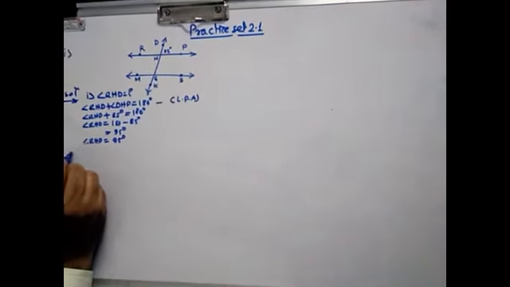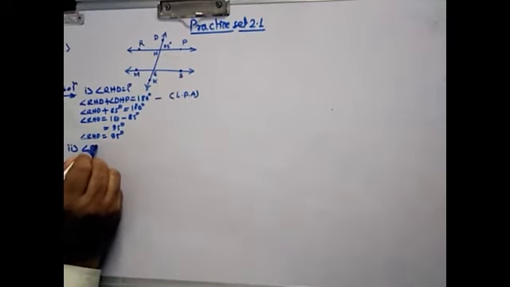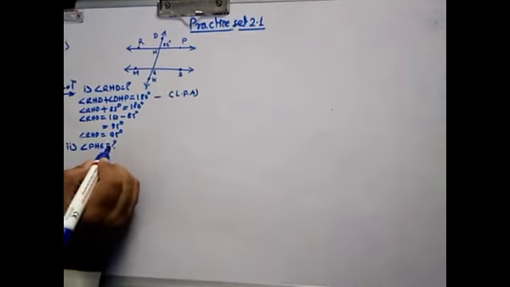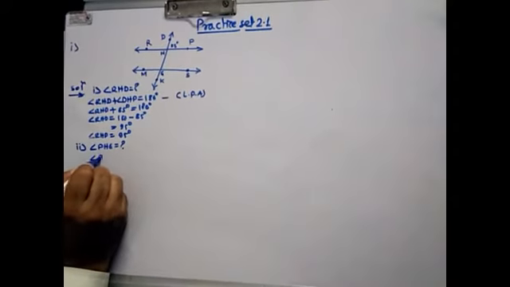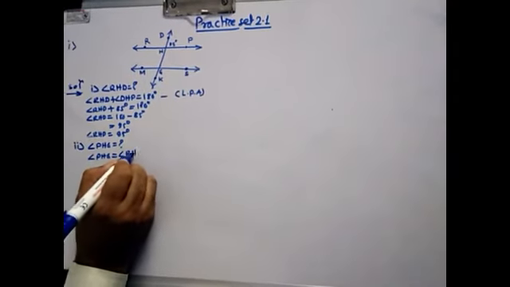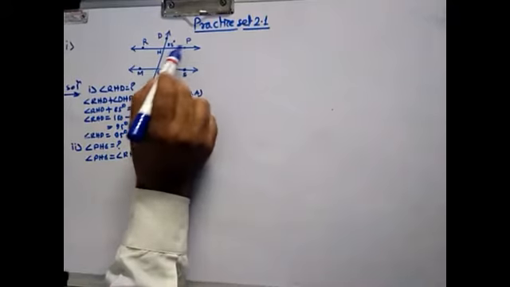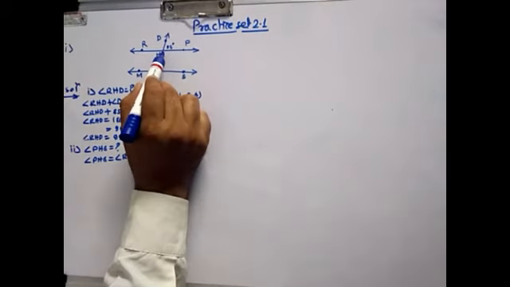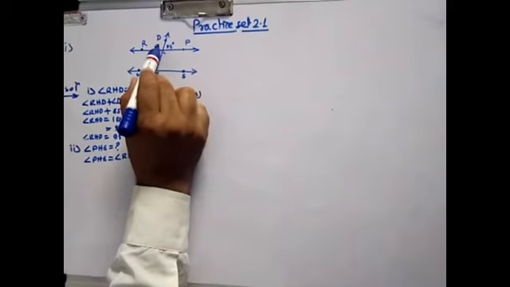And second, we are asked to find angle PHG. How do we find that? See, angle PHG is equal to angle RHD. Where is PHG? This is PHG, and RHD, these are two vertical angles.